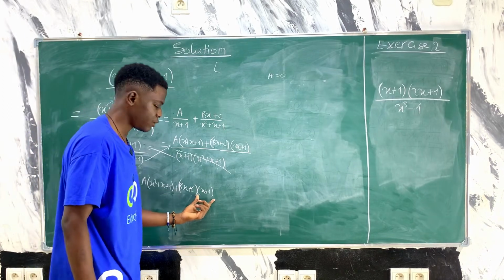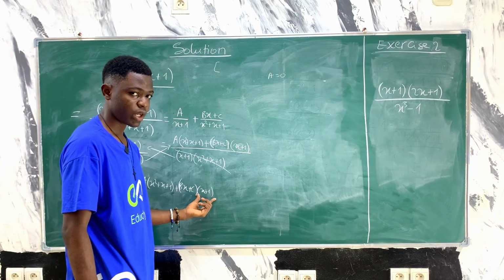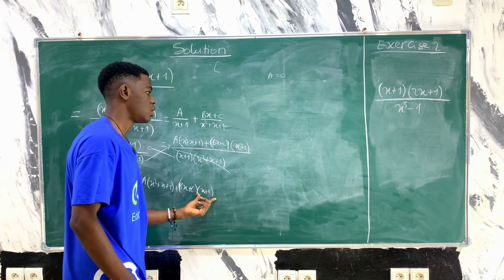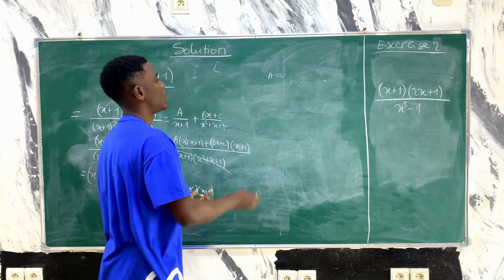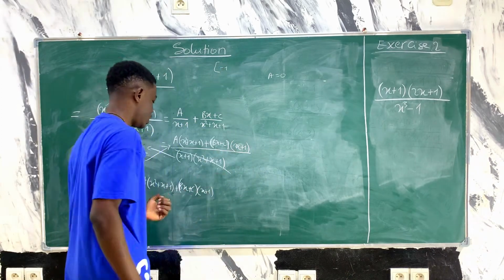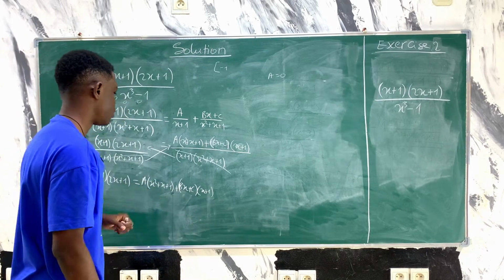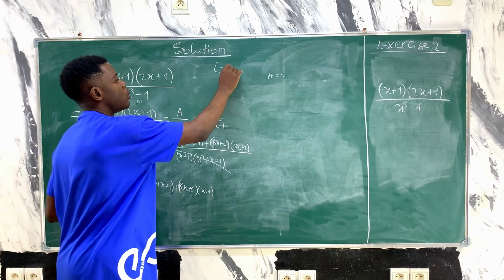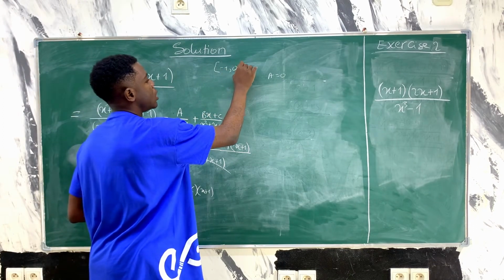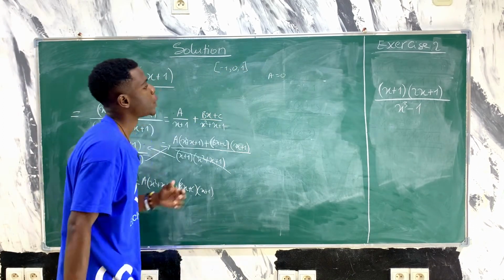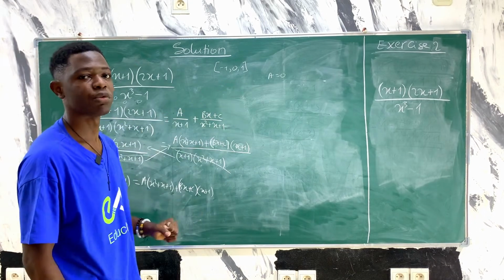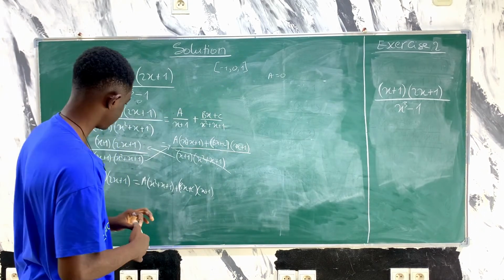What can I put on this second factor that will give me 0? When I put x as minus 1, it will give me 0. You saw here previously it was minus 1. So minus 1 is the first value that I'm going to use because minus 1 may eliminate all of this. The second value that we'll use is 0 and the third value that we use is 1, because those are the two very simple values that I know how to use.